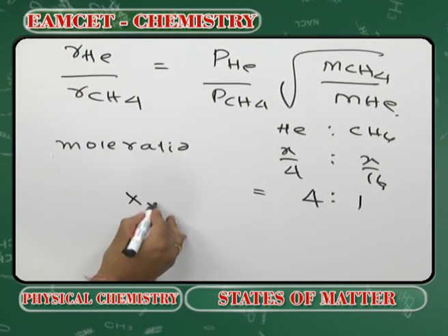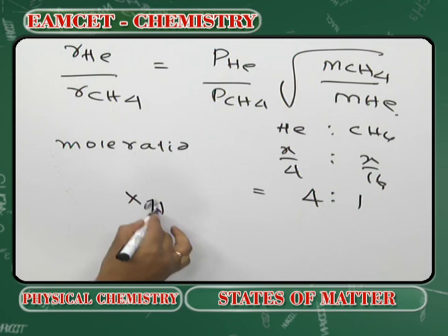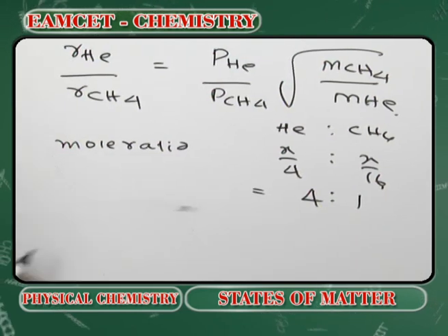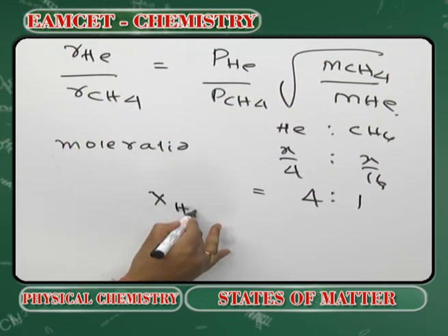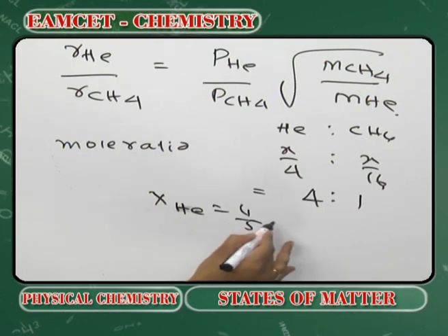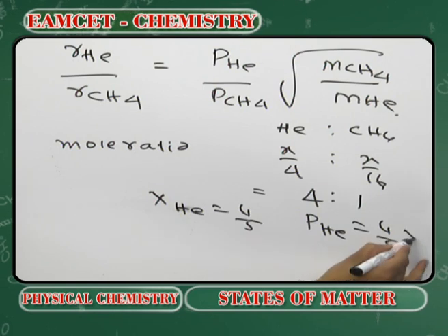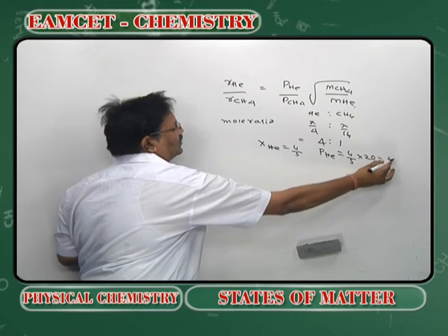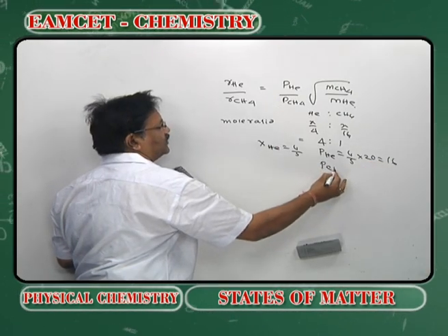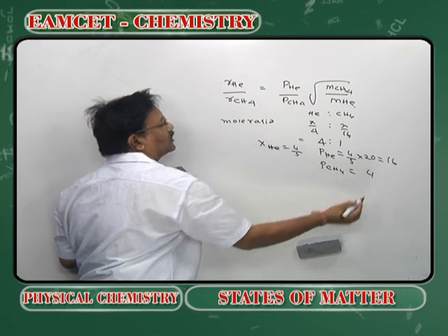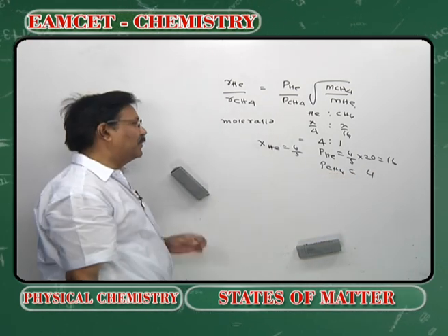Mole fraction of helium is 4 by 5, and partial pressure of helium is 4 by 5 into 20, which is 16. Automatically partial pressure of methane will be 4, because total pressure is 20 bar.